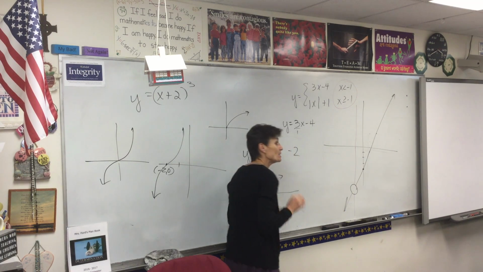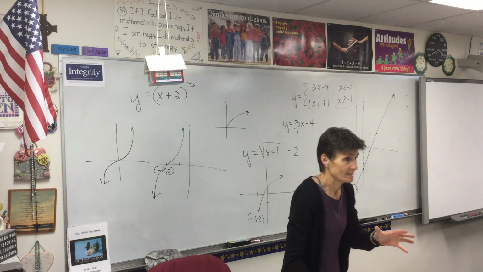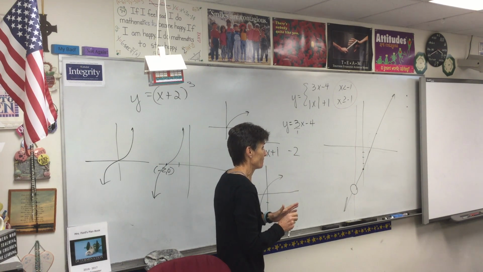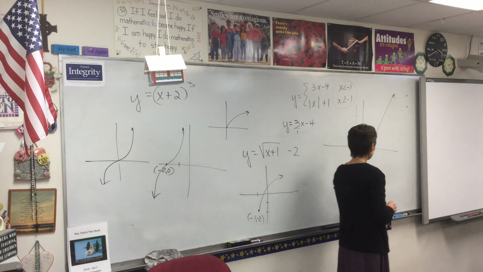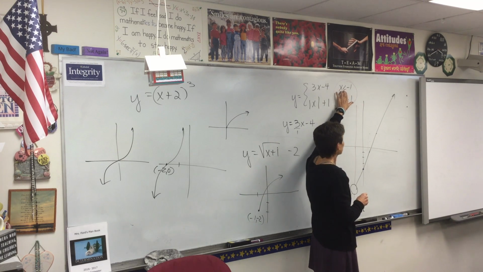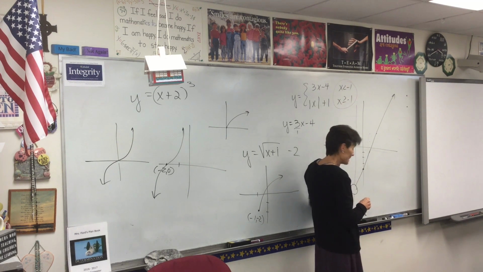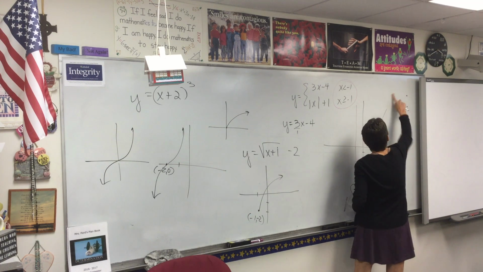And I know every time I do a piecewise function, because I'm only graphing pieces, that I'm going to erase part of this line. I'm either going to erase the left part or the right part. So this is my clue. This says keep the part going this way. So I'm going to keep this part, and I'm going to erase that part.